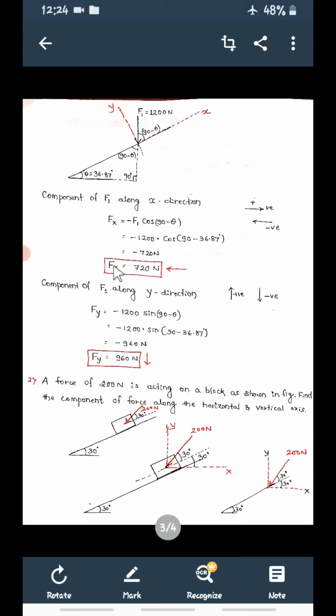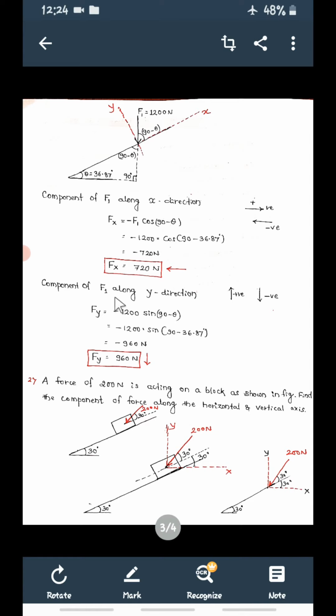Remove the minus sign, so Fx is 720 Newton. Minus means this direction, plus means this direction. The minus sign only shows the direction. So it is 720 Newton, this is the direction. So this is the component of F1 along x direction.